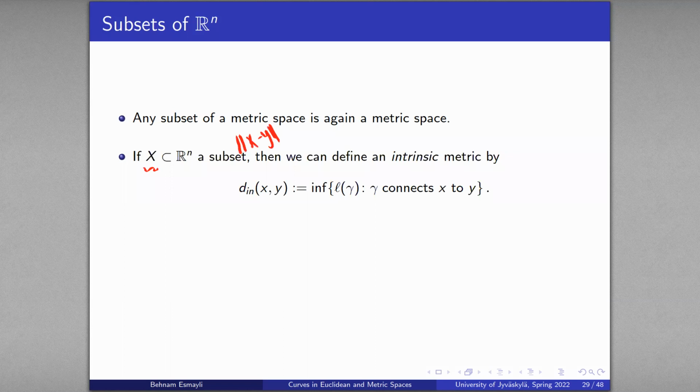That is the one it inherits. But then we can also talk about a new distance called the intrinsic distance. And what it does is it looks at the shortest curve that goes from x to y within X. So of course, if you allow within R^n, this will be just the previous usual distance.